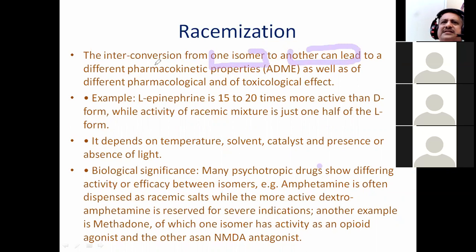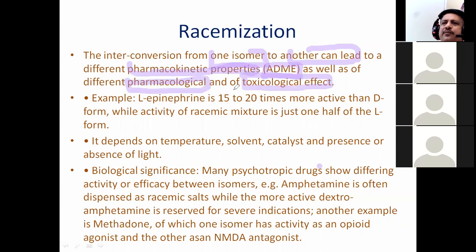a lot of differences in the pharmacokinetic properties of the drug molecule, such as ADME, that is absorption, distribution, metabolism, and excretion, as well as the pharmacological and the toxicological effect can also vary a lot.